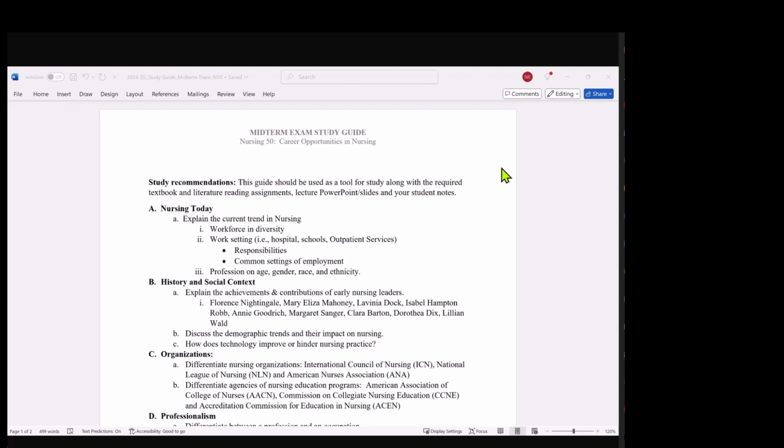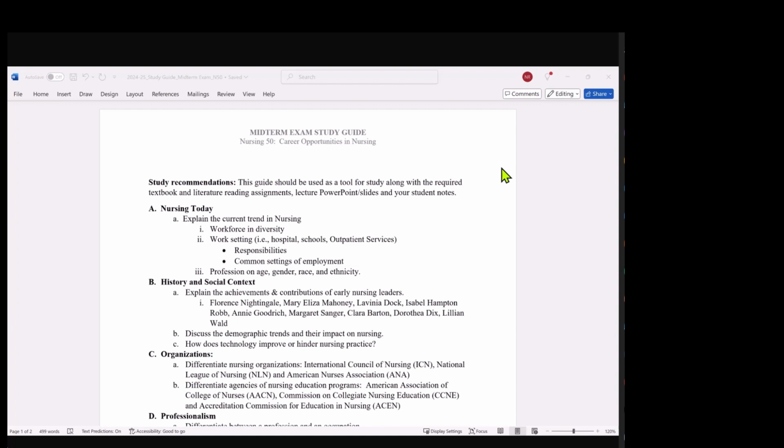How did it hinder nursing practice? An example would be the electronic medical record, right? It improved nursing tremendously because we're able to create more efficiency in our documentation.